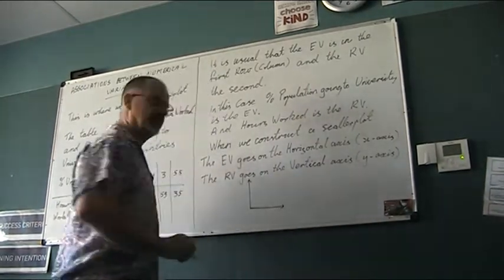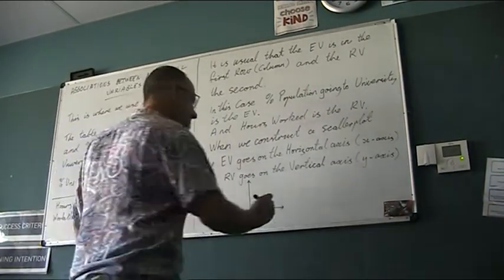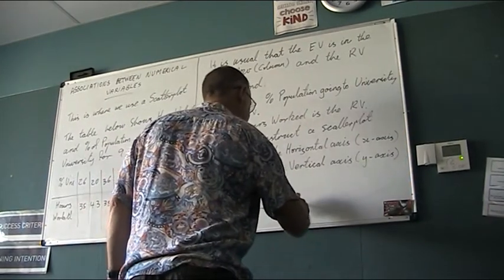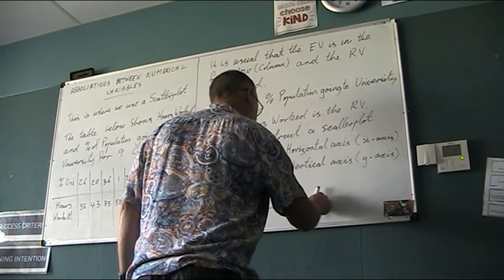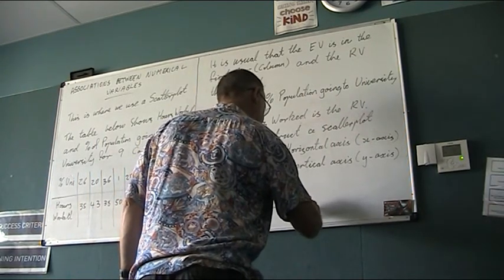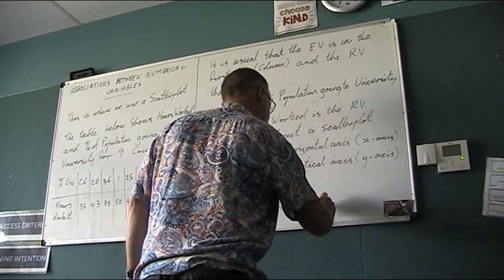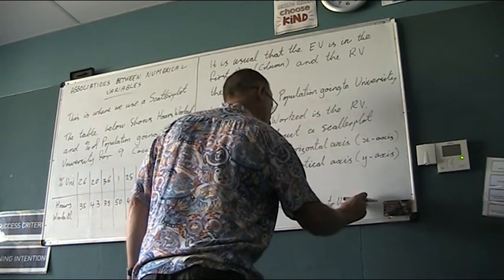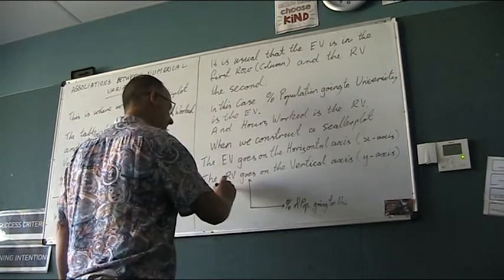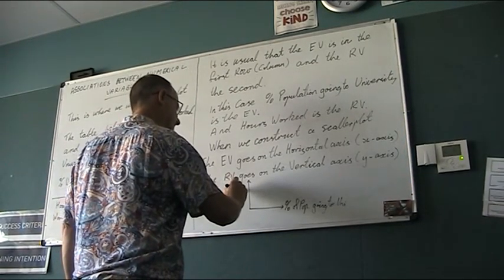So in this particular case, we're going to have the percentage of our population going to uni, and on here we're going to have our hours worked.